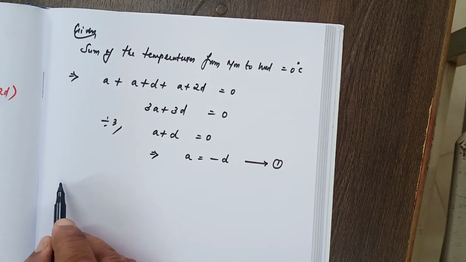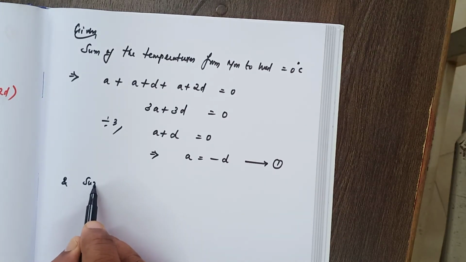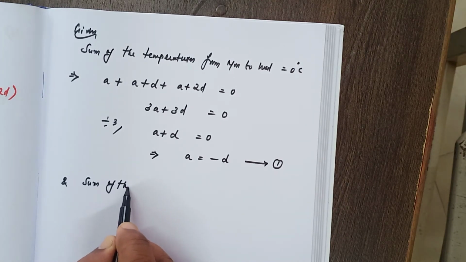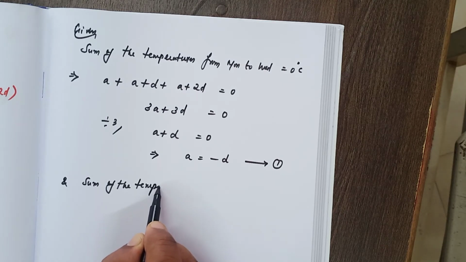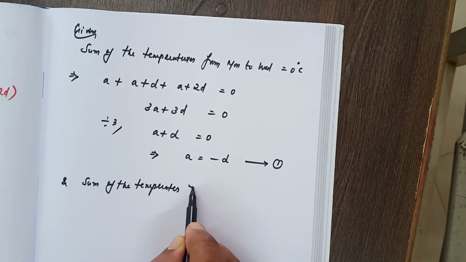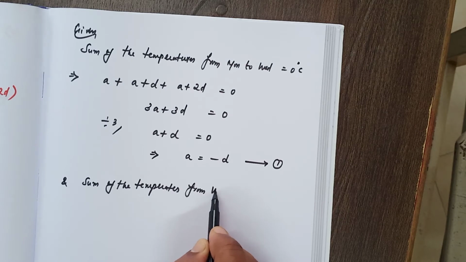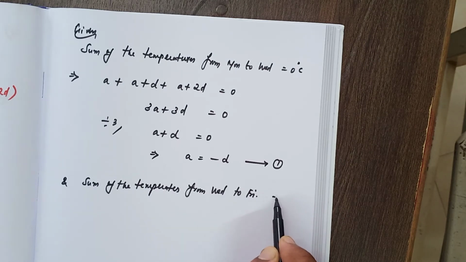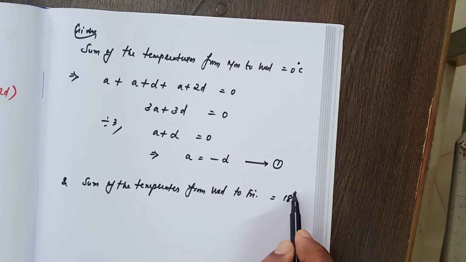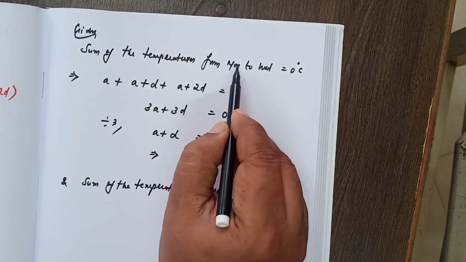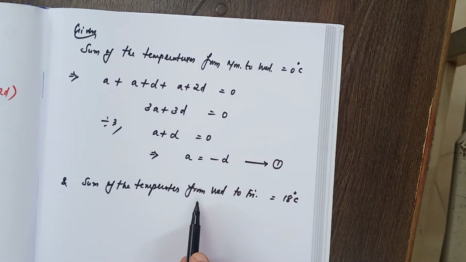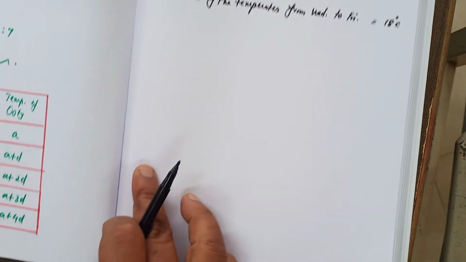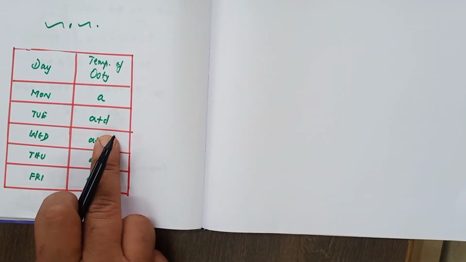Now the second condition, sum of the temperatures from Wednesday to Friday is equal to 18 degrees Celsius. Wednesday temperature A plus 2D, then A plus 3D, then A plus 4D.